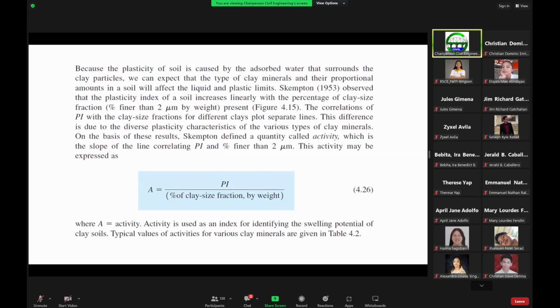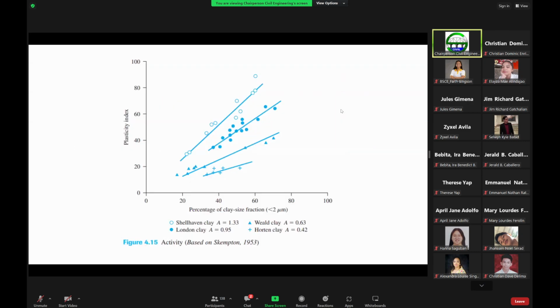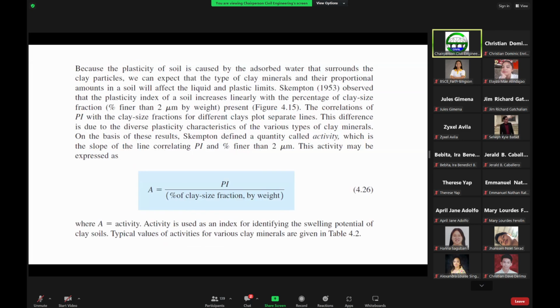So some of those clays might have illite clay minerals or kaolinite clay minerals or montmorillonite clay minerals. On the basis of these results, in 1953, Skempton defined a quantity called activity, which is the slope of the line correlating the PI and the percent finer than 2 microns.